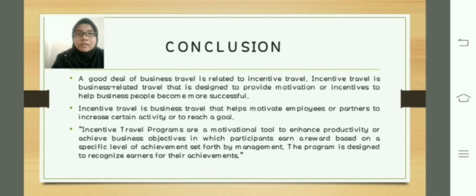in which participants earn a reward based on a specific level of achievement set forth by management. The program is designed to recognize earners for their achievement.